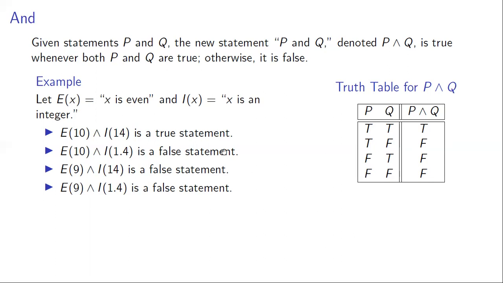If P is true and Q is false, then P and Q is false. If P is false and Q is true, then the result of P and Q is false. If P is false and Q is false, then P and Q is false. Okay, so this is a truth table, and this is all about the AND operation.